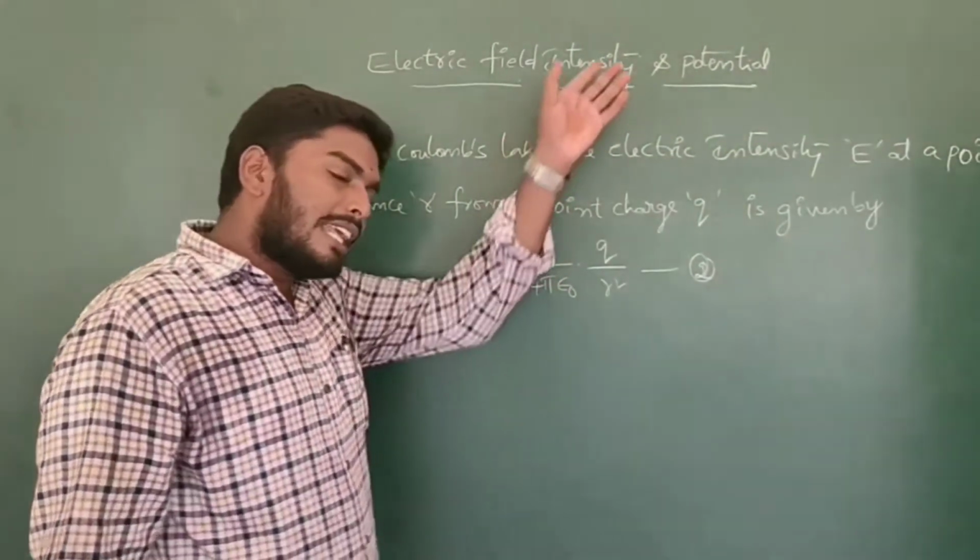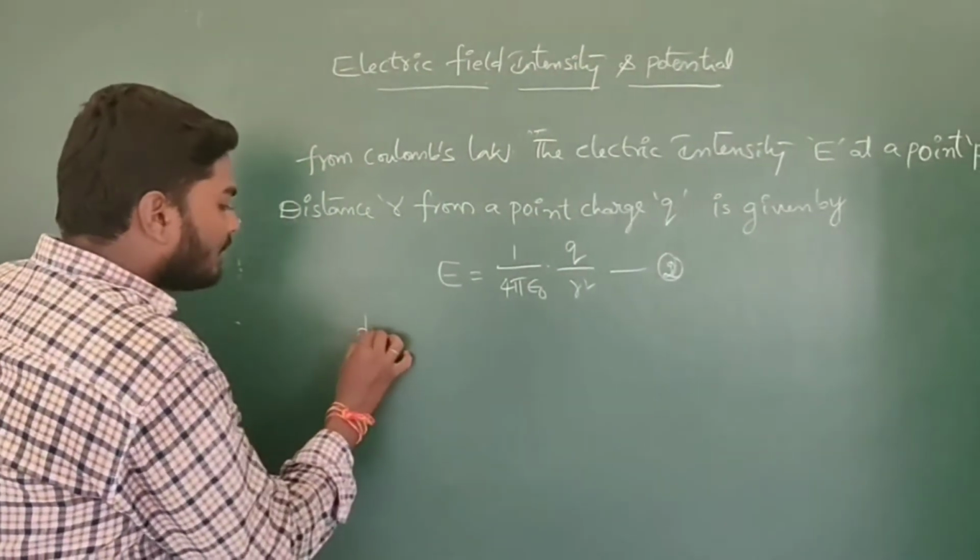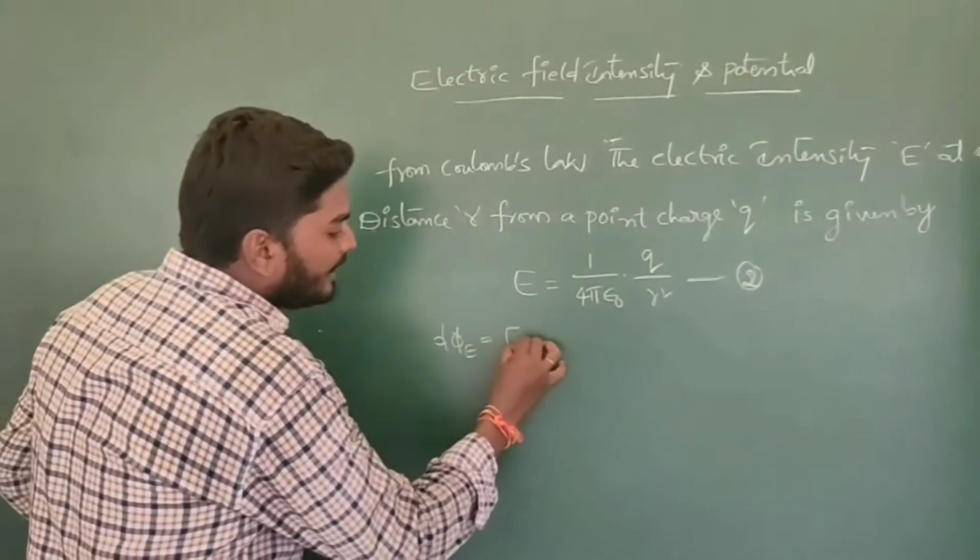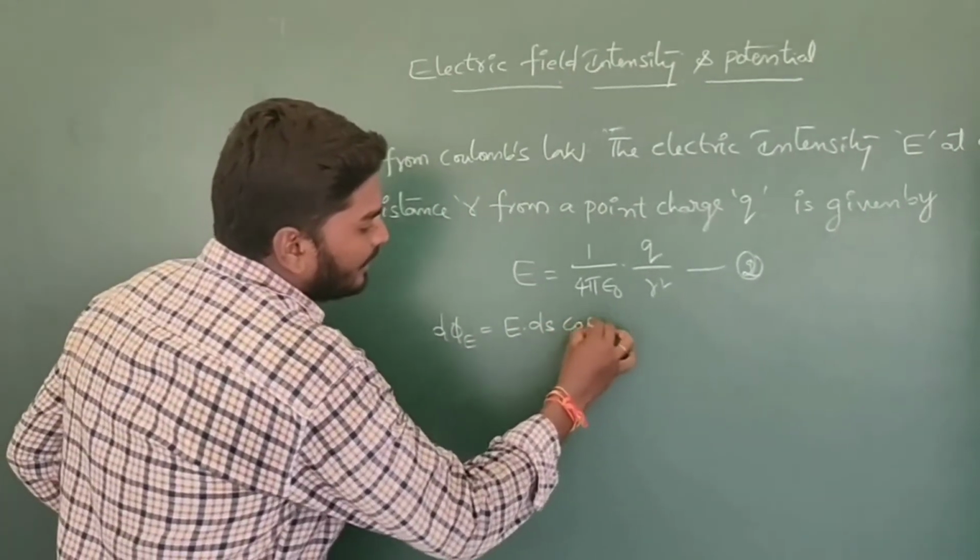From equation 1, electric flux d phi equals E ds cos theta.